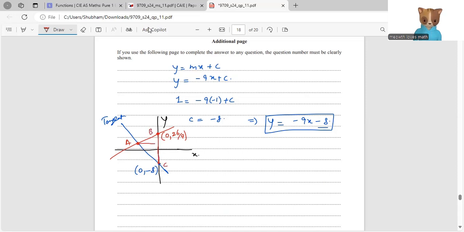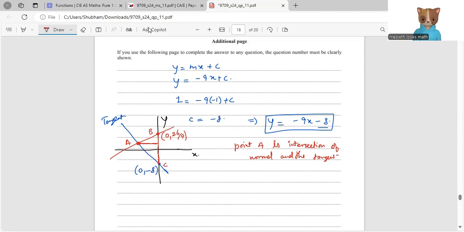So I need to find basically this distance, which is the vertical distance. So I need point A. Point A is nothing but the intersection of the normal and the tangent.